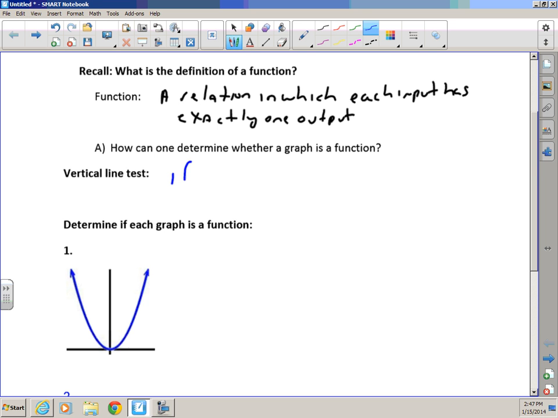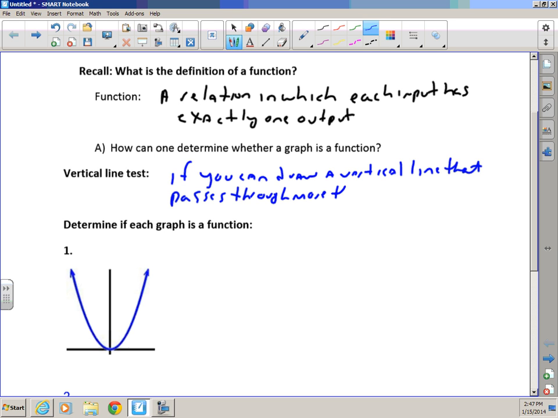So the definition is, if you can draw a vertical line that passes through more than one point of a graph, then it is not a function.